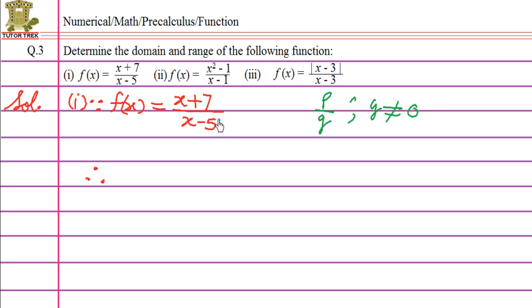Here the denominator, the polynomial which is in the denominator, should not be equal to 0. x minus 5 should not be equal to 0. Therefore x should not equal 5.